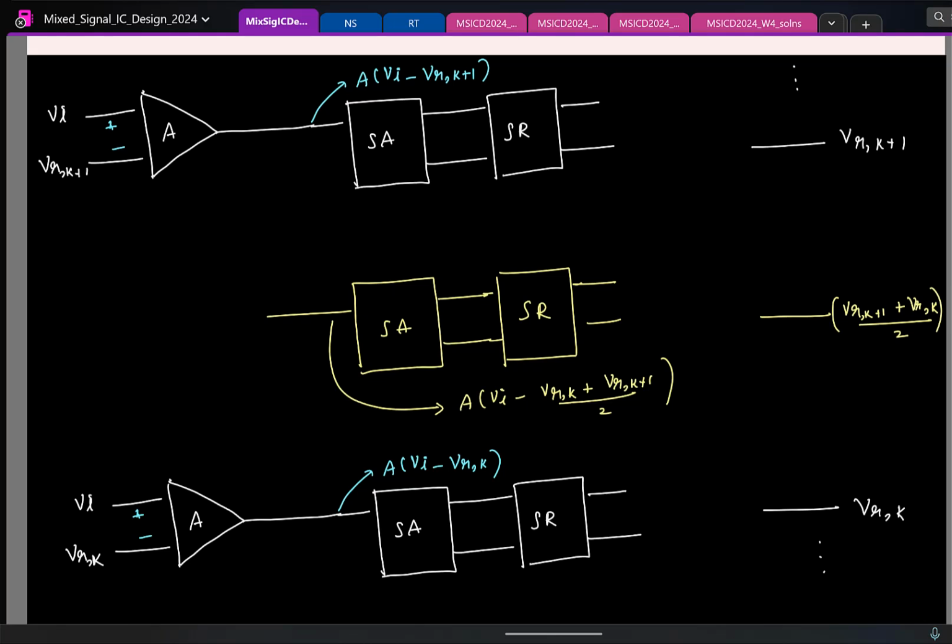You put a resistive divider. Now if I do this, I don't need an additional preamplifier here. So at least the number of preamplifiers I need reduces by a factor of 2.